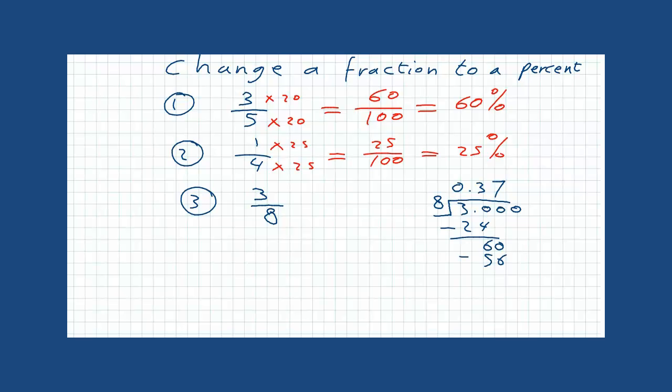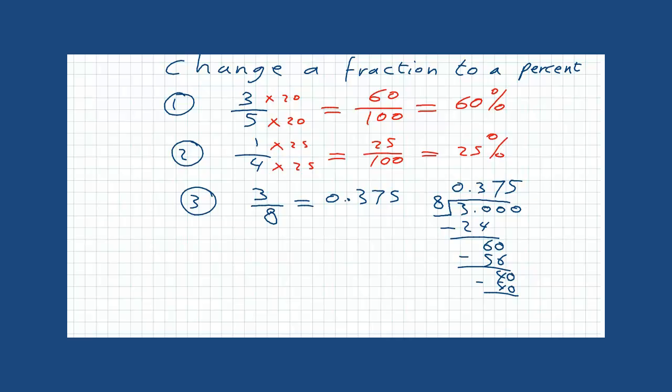Subtract, you will have 4. Bring down the third 0. 40 divided by 8 is equal to 5. 5 times 8 is 40. And we finished our division. So we can say that this fraction, 3 over 8, is equal to 375 thousandths. To change this to a percent, we learned before that we need to multiply this number by 100.